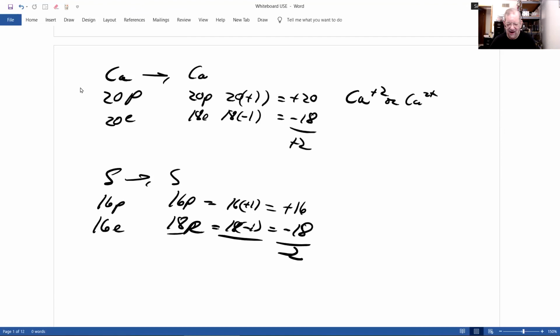Add it up, you get a -2. So you show the ion by either of those two. And that's how you do ions. And you should practice that.